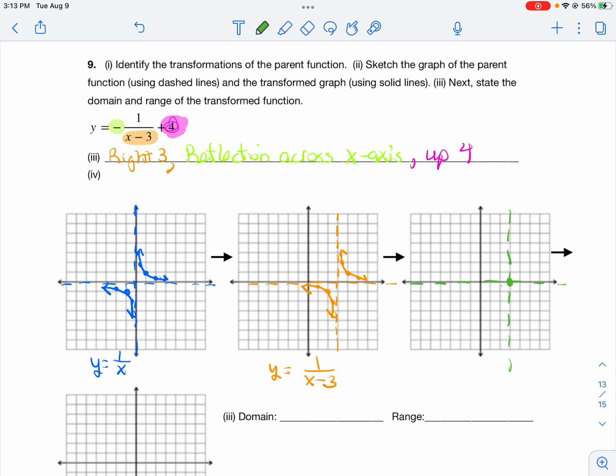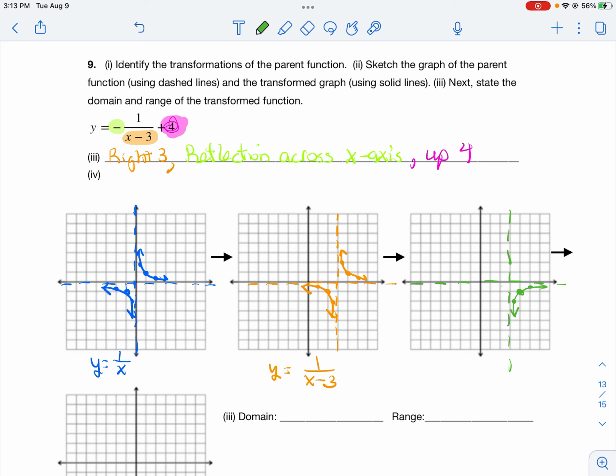From our orange graph, we normally go over 1, up 1. Now I want to go over 1, but down 1 to reflect that curve. Over 2, down a half. Over a half, down 2. So that's the reflection of that first part of the graph across the x-axis.